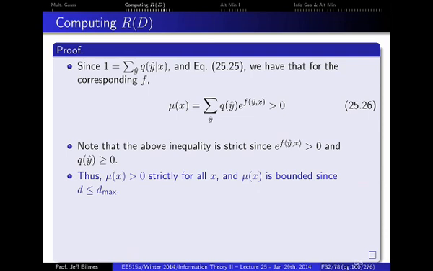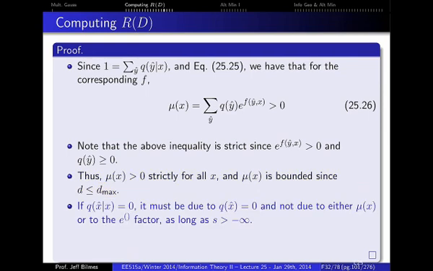So there's never a chance of mu being infinity. So in other words, if q of x hat given x is equal to 0, it can only be due to q of x hat being equal to 0. So all code words turn off together.